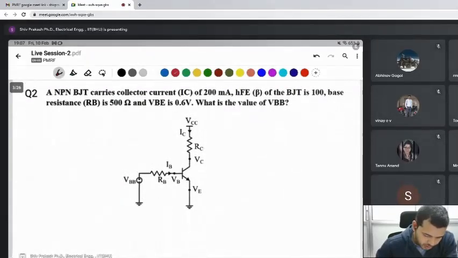Question number second is given. An NPN BJT carries collector current 200 milliampere and beta is given 100. Base resistance is also given, 500 ohm, and VBE is 0.6 volt. Then it is asking about the VBB voltage.